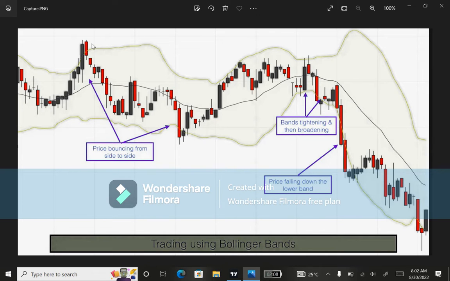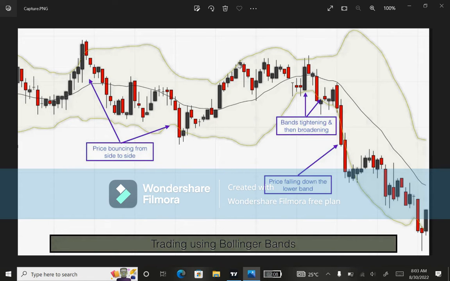You can see that when it touches the upper band right here, it bounces back into the Bollinger Band as a reversal from this minor uptrend. Okay, it gives us a kind of pushback. You can see price bouncing from side to side. Okay, so that's one of the major things that Bollinger Band shows us. The market is also bouncing from this lower band back to the upper band right here.